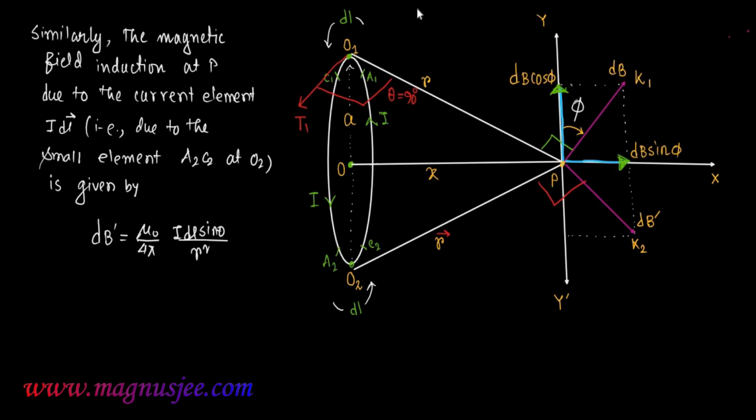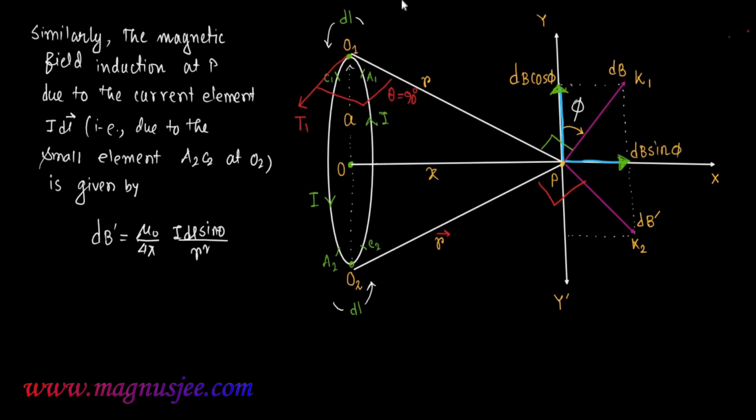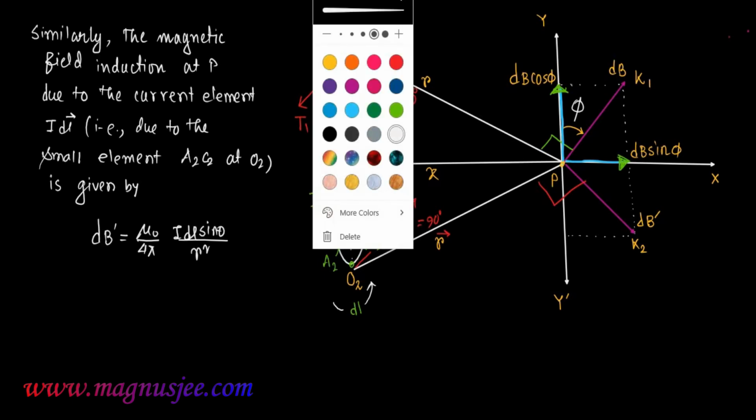Now theta is the angle subtended by the tangent O2T2 at the point O2 with the distance vector r. We can draw a tangent at the point O2. O2T2 is the tangent which makes an angle theta equal 90 degree with vector r.